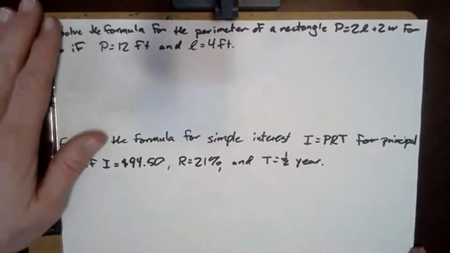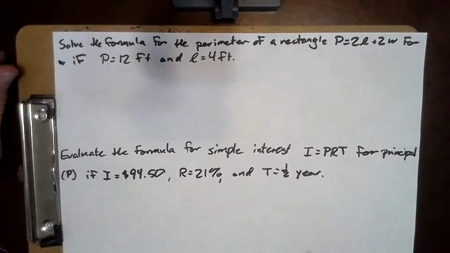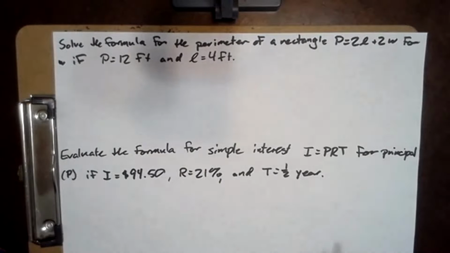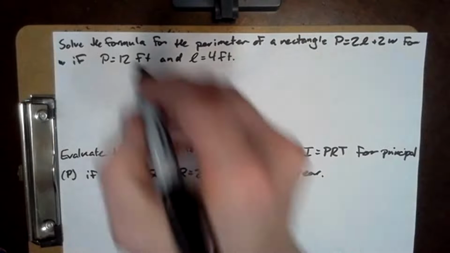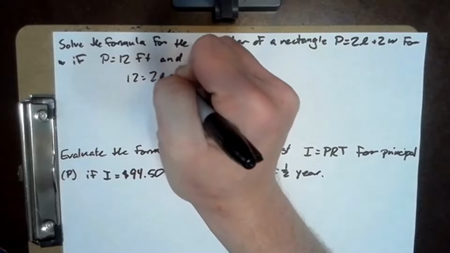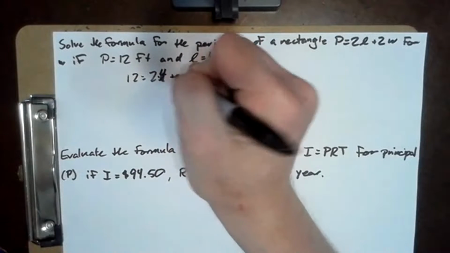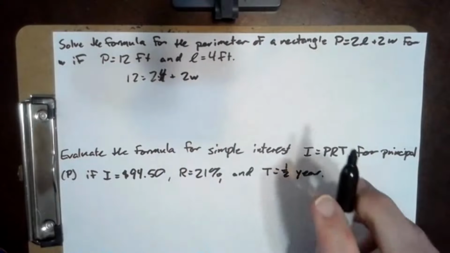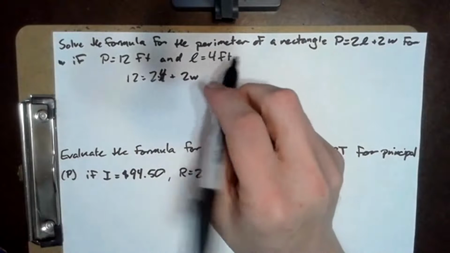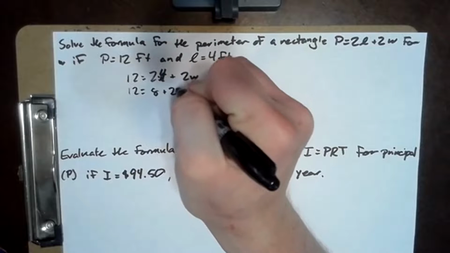So yeah, it's in ohms. Next, solve the formula for the perimeter of a rectangle P equals 2L plus 2W for W if P equals 12 feet and L equals 4 feet. So here we've got 12 equals 2L plus, or 2 times 4 plus 2W. Okay, so we've got 12 equals 8 plus 2W.